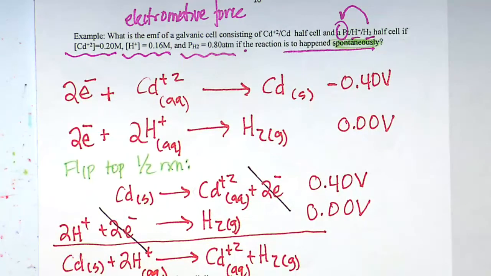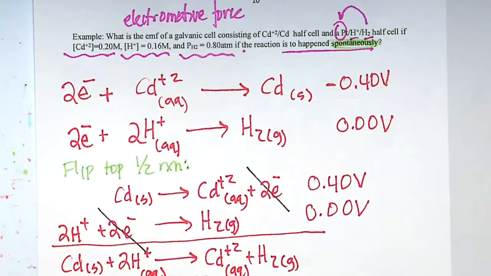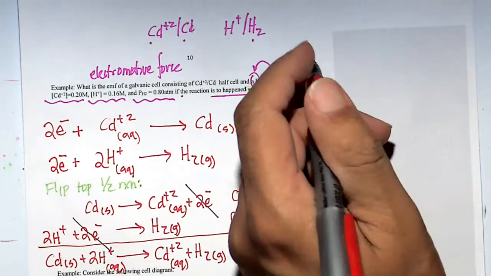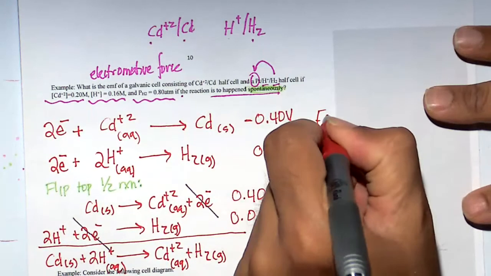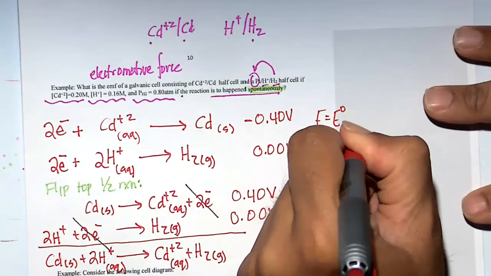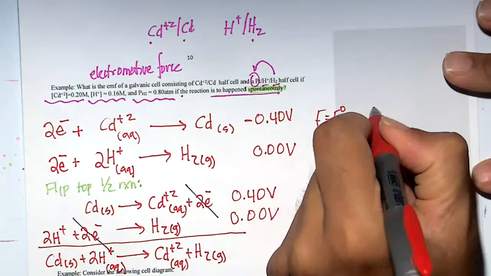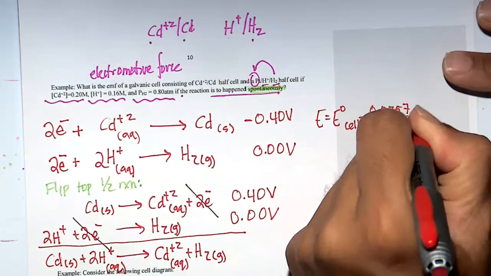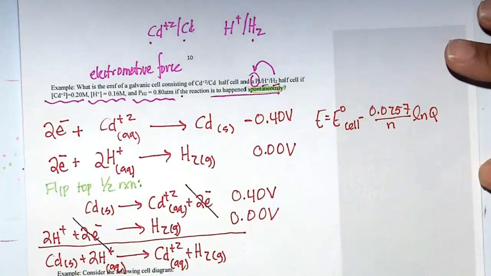All right, let's put our equation here. I'm going to use this side of our notes. Our equation is going to be E equals E cell minus 0.0257 divided by n natural log of Q. Okay.